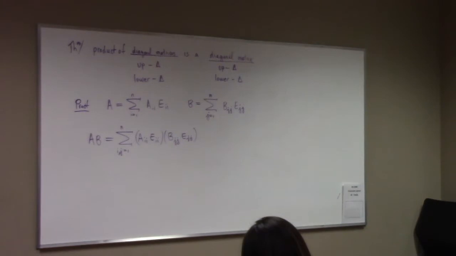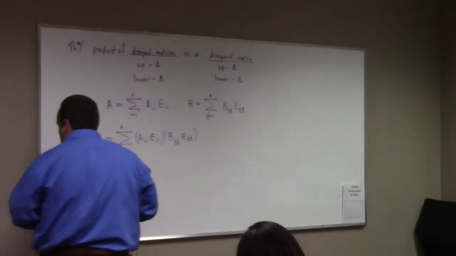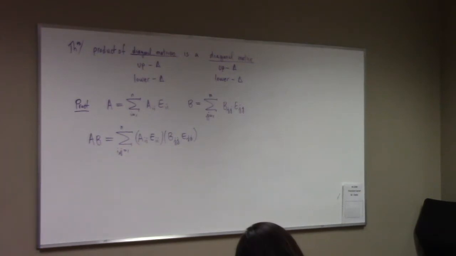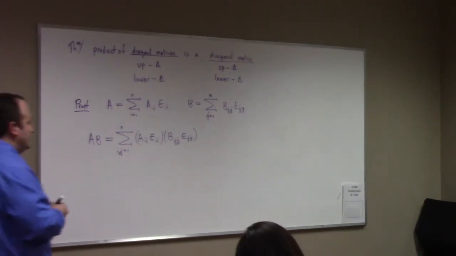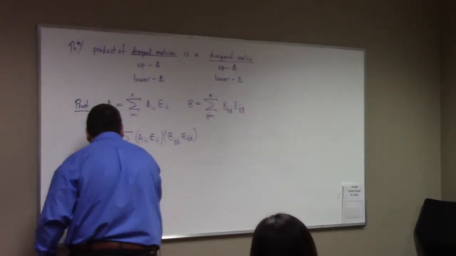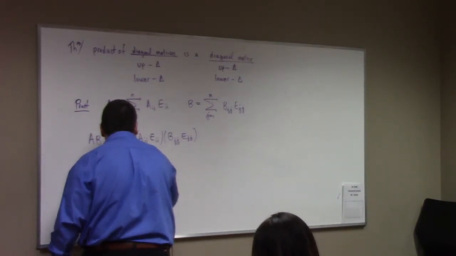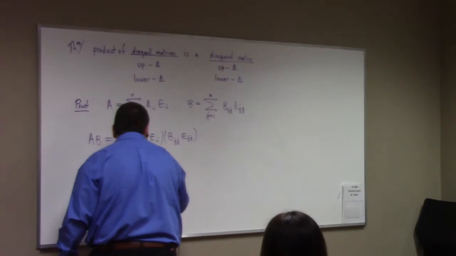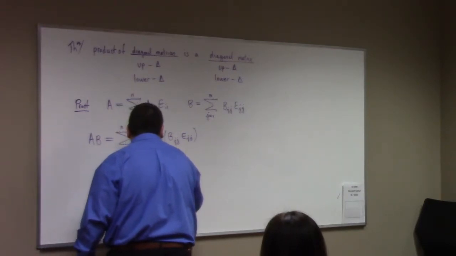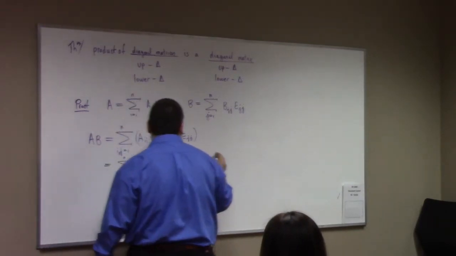But this is matrix multiplication, right? The AIIs, the BIIs, these are numbers. You can pull them out front, and you're just left with the product of EII and EJJ. Which is what?